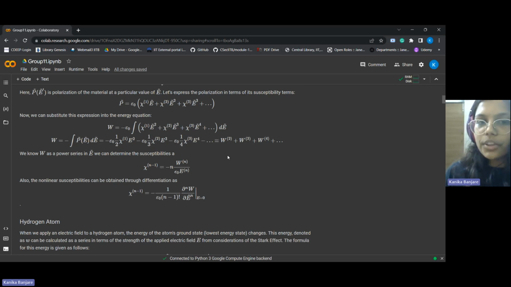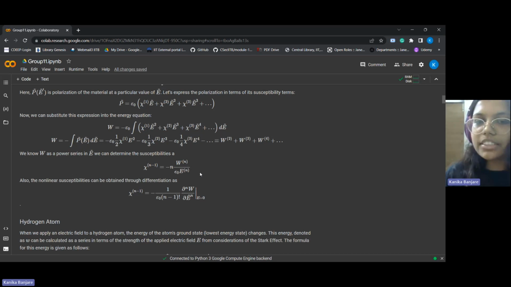And we know W as a power series in E, so we can determine susceptibility as such: the nth order susceptibility equals n times W upon epsilon naught and the nth term of the electric field.